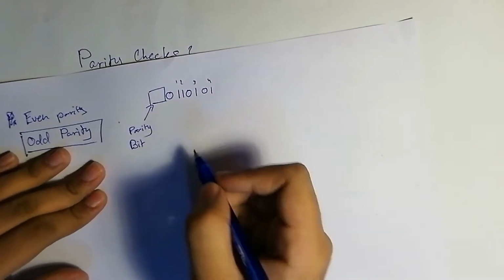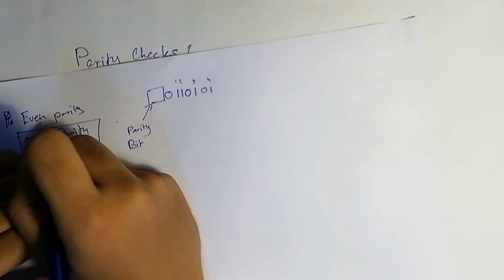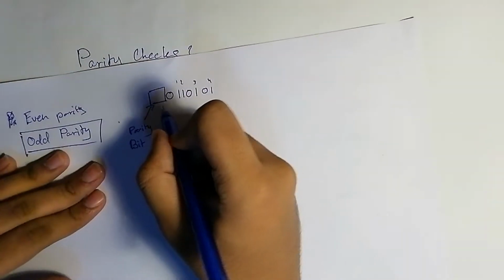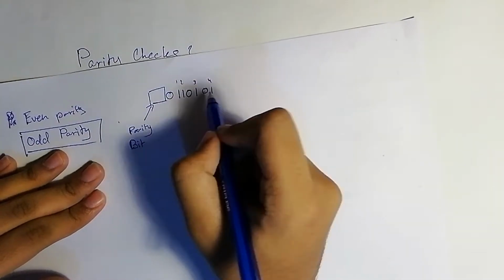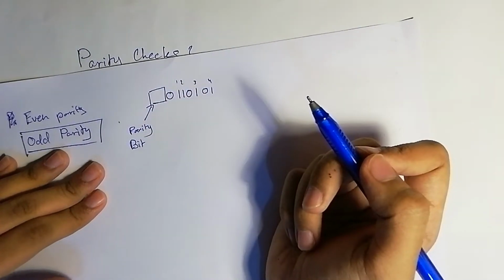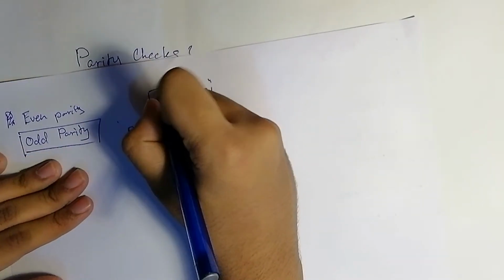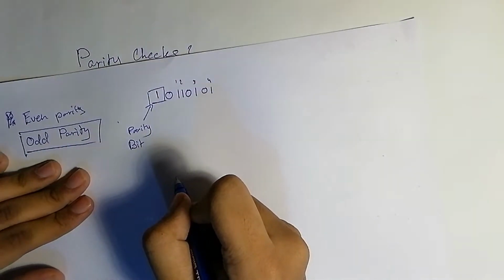Since it's an odd parity, we need to make the amount of ones an odd number. There are already 4. We need a 5th one to make an odd amount, right? So the parity bit will be literally just 1.